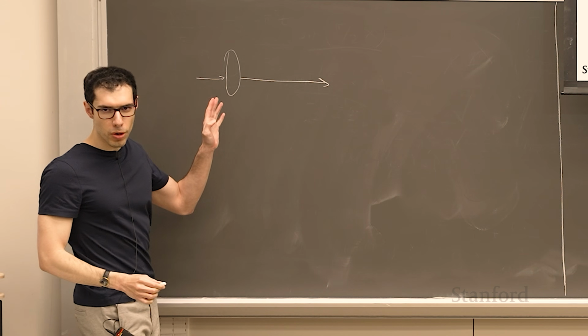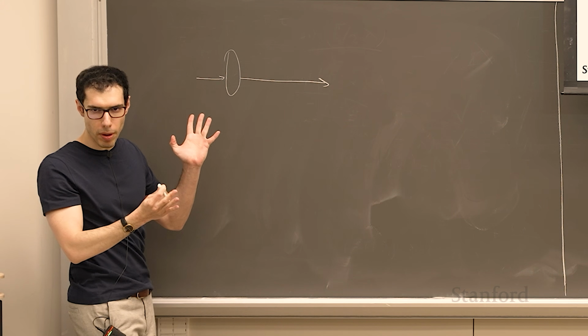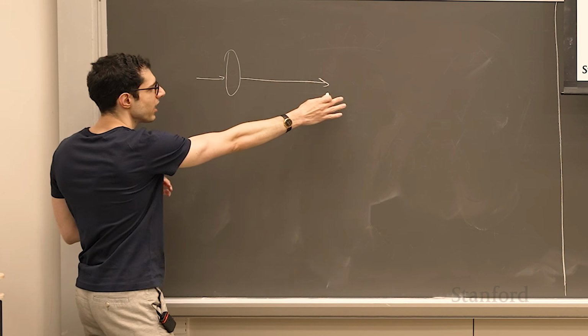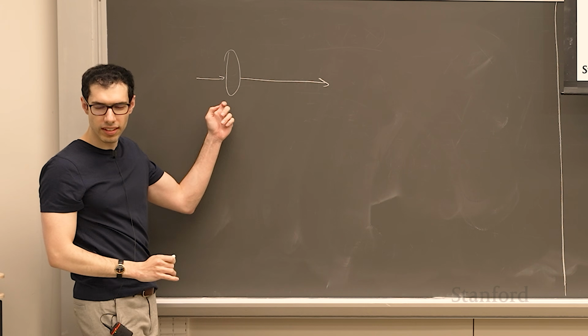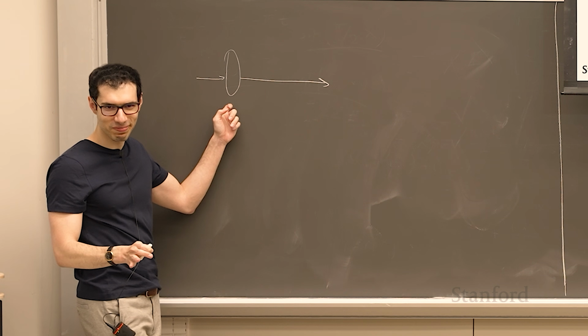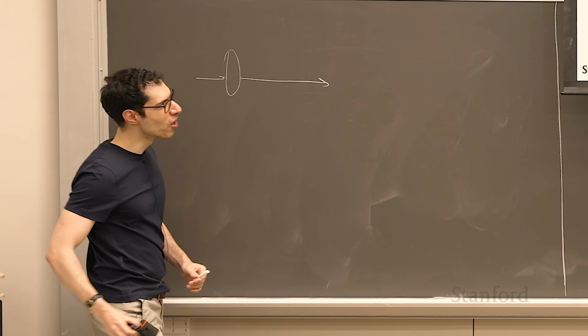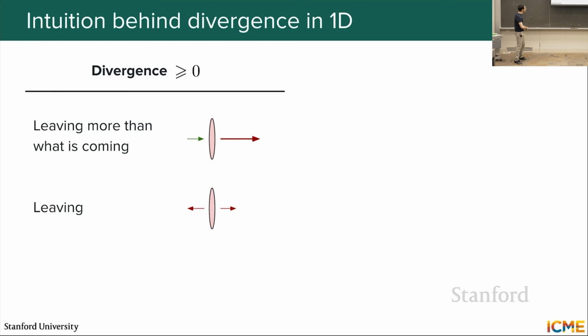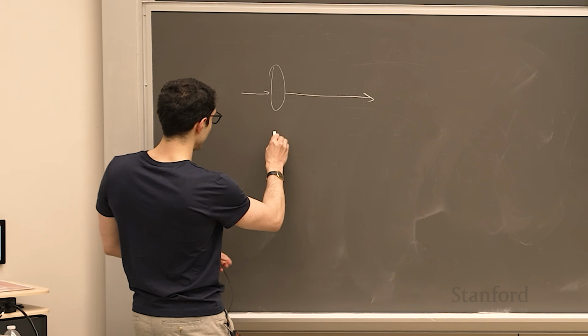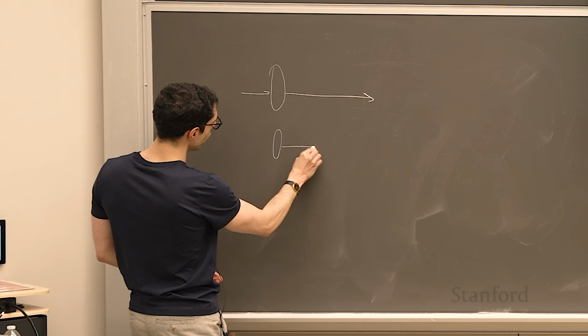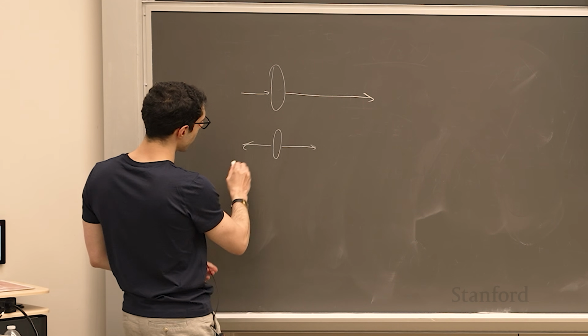So here, do you agree with me that whatever this vector is representing, there is more coming out than coming in? You all agree? OK, so that's one case where coming out can be more than coming in. So let's see a second case. So the second case is here, and then let's say your vector is coming out here and coming out there.